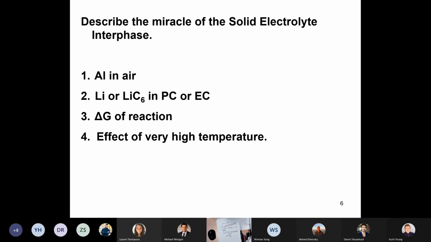If you take pure aluminum powder in a glove box, a very fine powder, and you bring it into the air, it will react so violently, in the reaction aluminum plus oxygen goes to aluminum oxide, that it heats enormously, 1,000 degrees C or more.